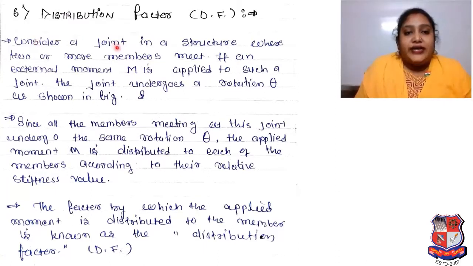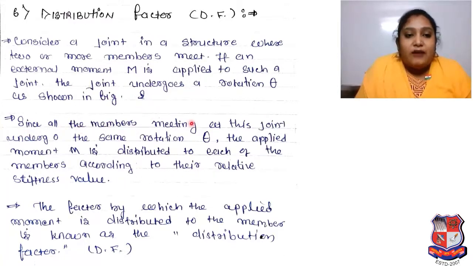Consider a joint in a structure where two or more members meet. Please focus on that. If an external moment M is applied to such a joint, the joint undergoes a rotation theta, as shown in the figure given in the next slide.